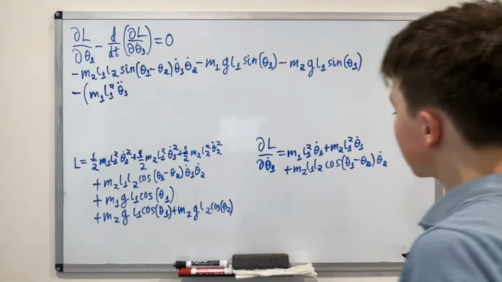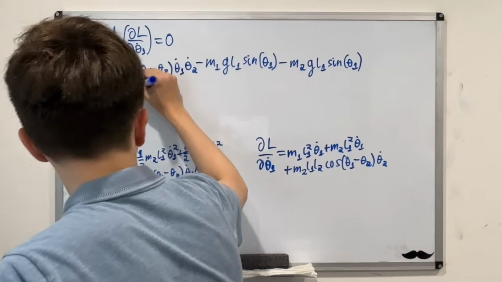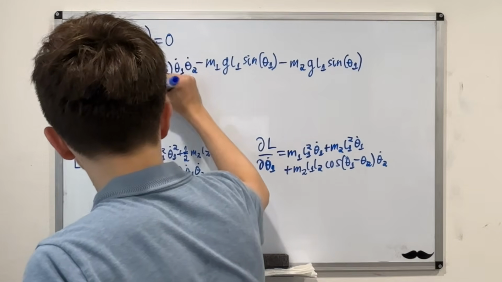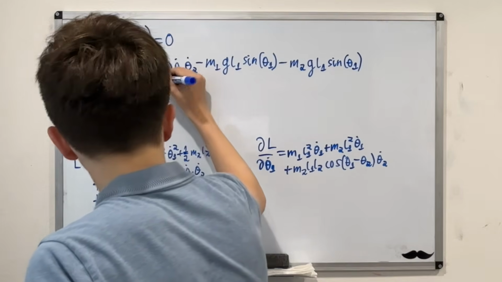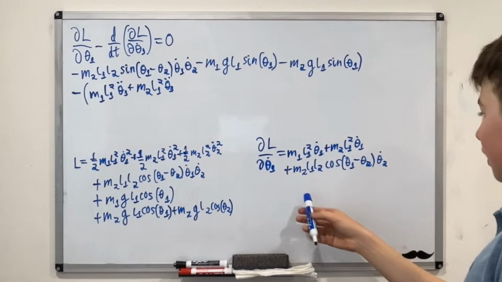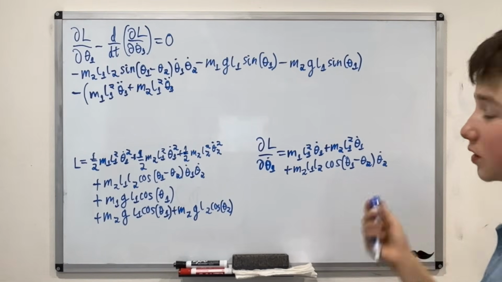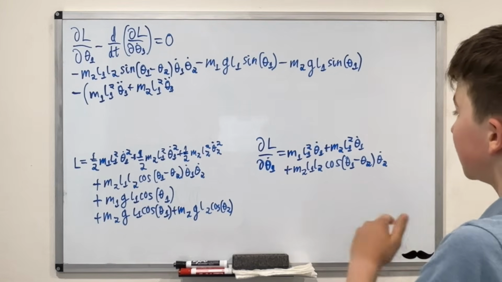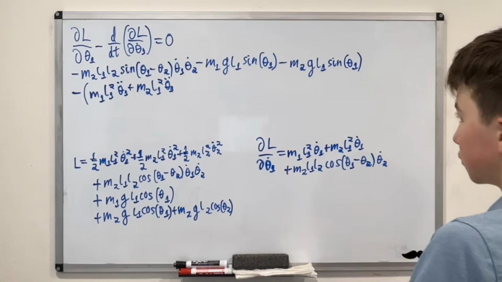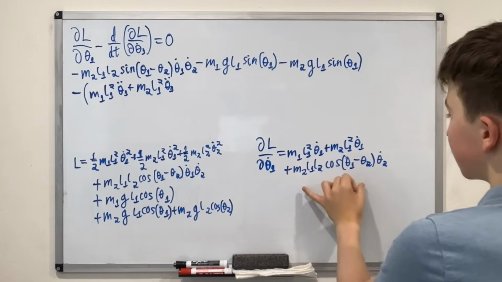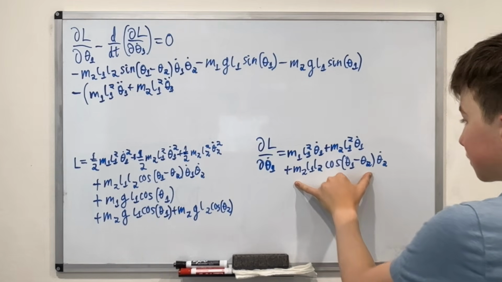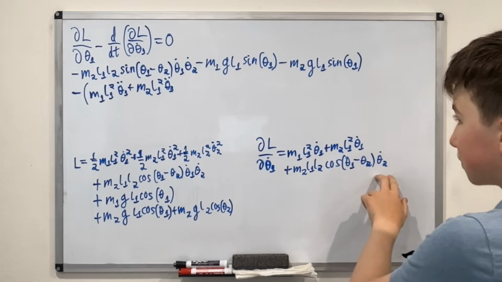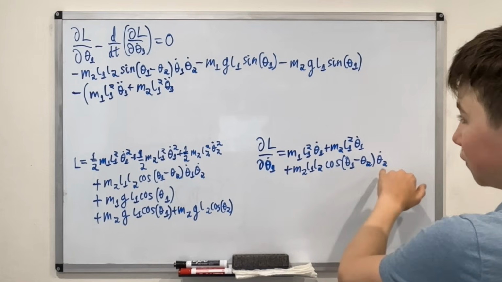And then similarly here, we're going to have m2 L1 squared theta 1 double dot. And then here we have several variables that depend on time, so it's going to be a bit trickier. And here we have to first use the product rule. So we're going to have the derivative of this times theta 2 dot plus this times the derivative of theta 2 dot.